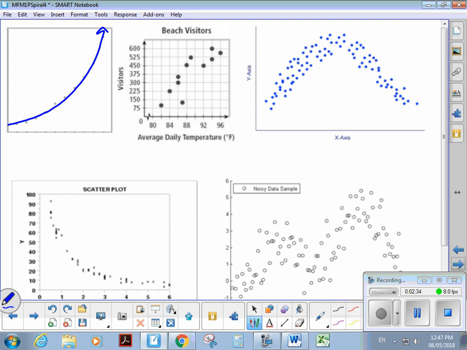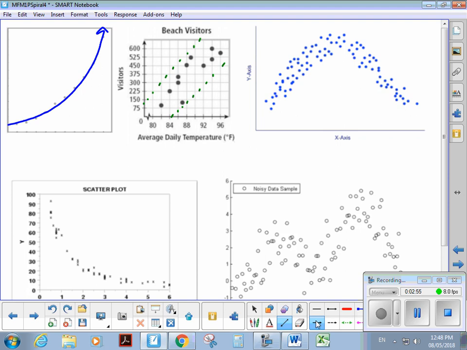If we look at beach visitors, this one's a different story. This is just to make you aware that you have to think sometimes. When you look at this one, you know what? I can get my data inside a corridor here. So this one, I can actually use a line of best fit.